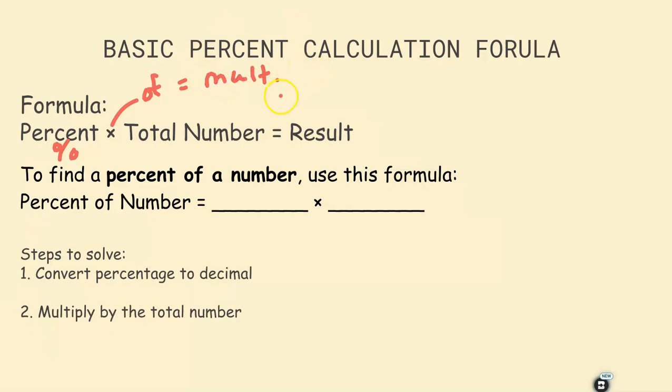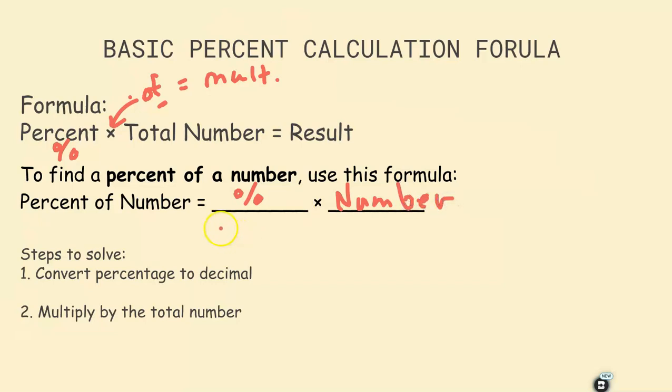So you have to remember that when we say "of," like 20% of a number, we mean to multiply. To find the percent of a number, use the formula: percent of a number equals the percent times the number.